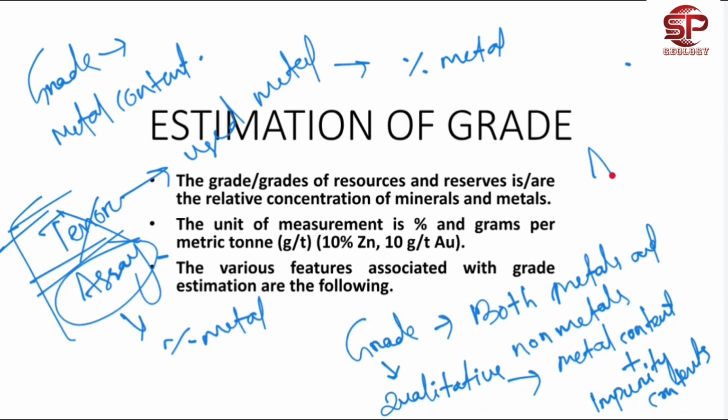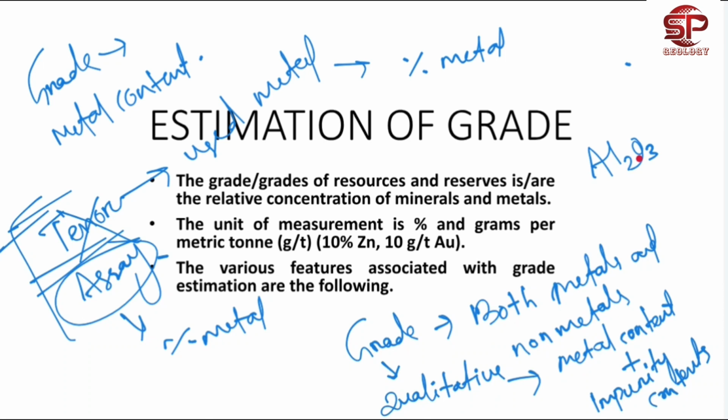Alumina means Al2O3, simply. If Al2O3 content is high in a particular hematite, greater than 2%, then it is harmful for the blast furnace.